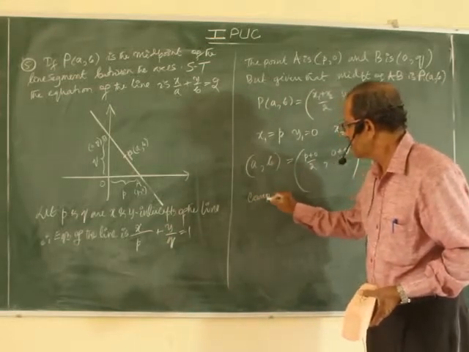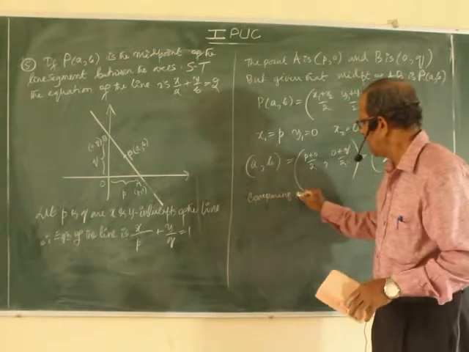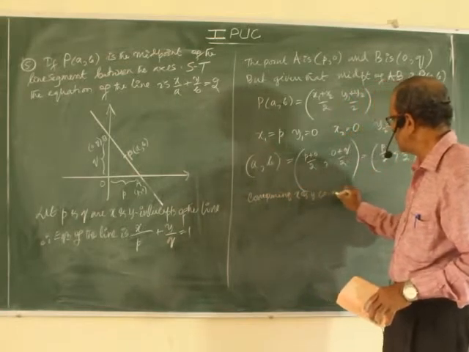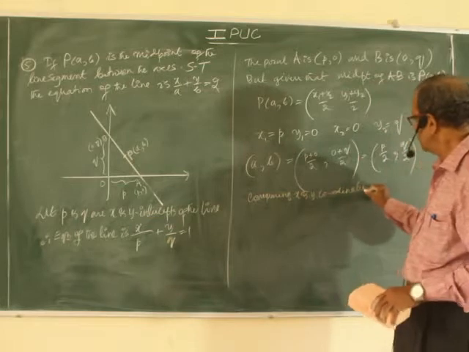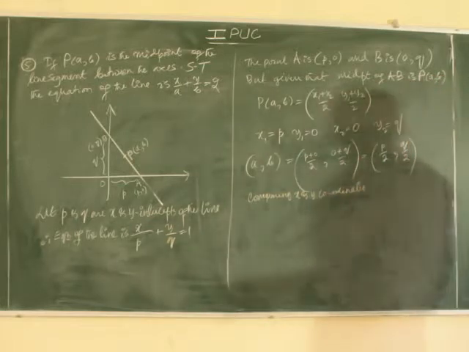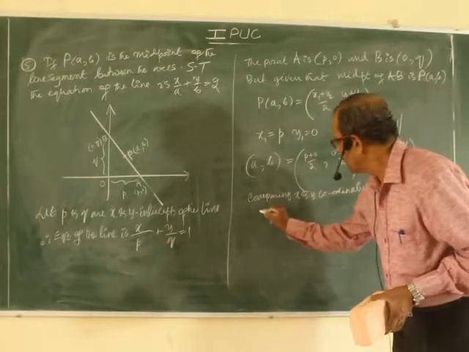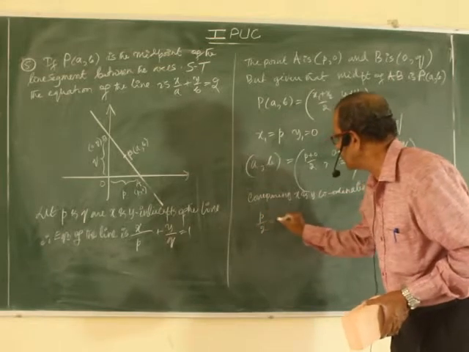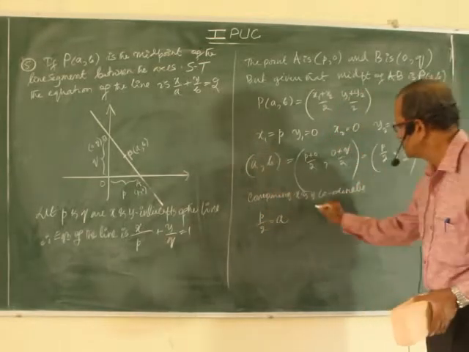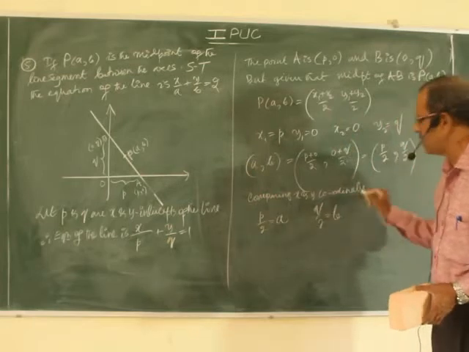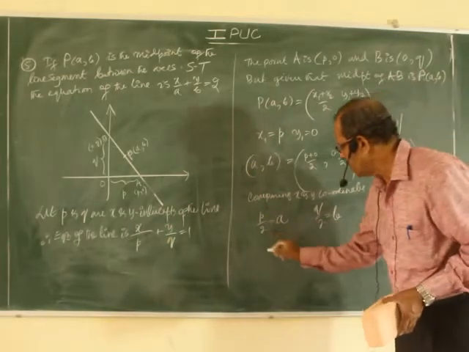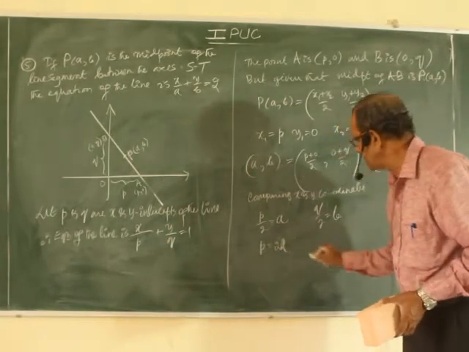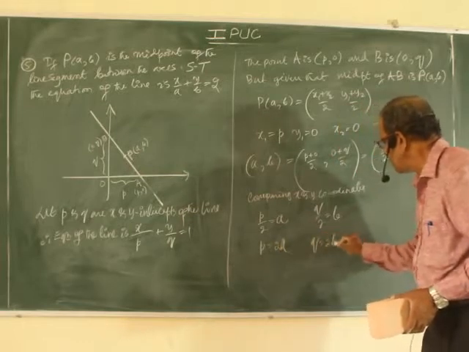Comparing x and y coordinates, p by 2 equal to a, q by 2 equal to b, or p equal to 2a, q equal to 2b.